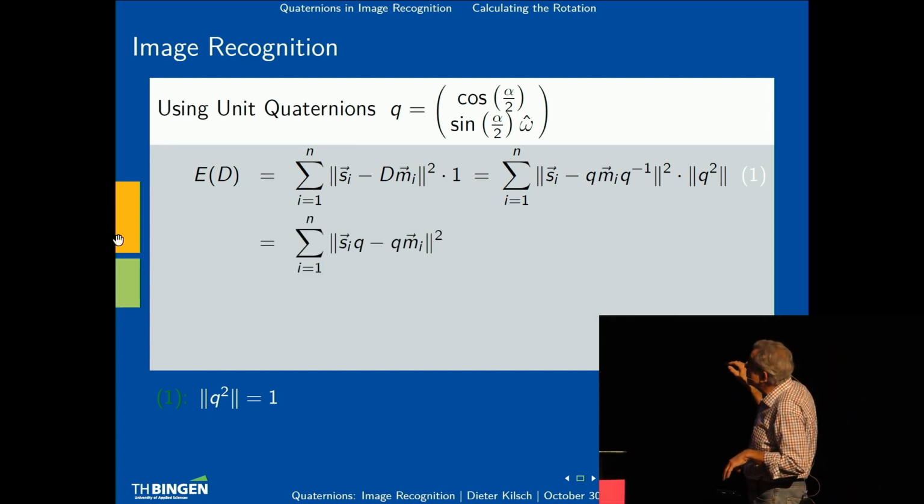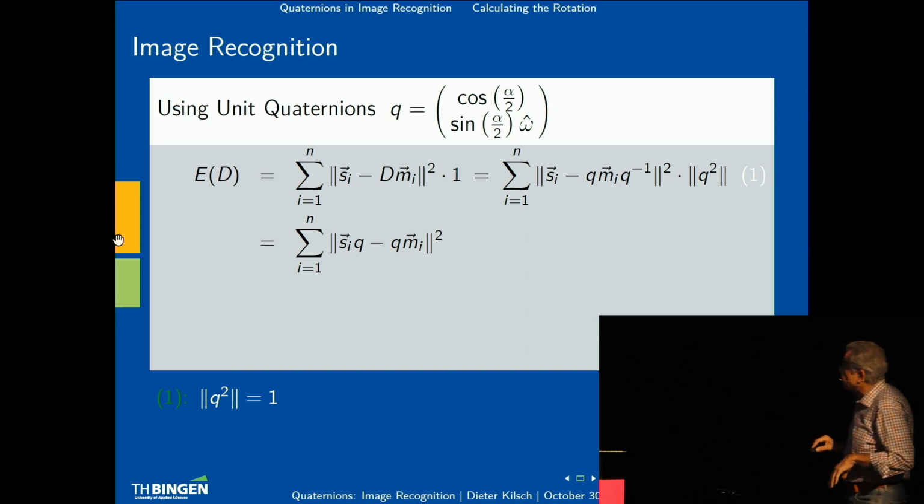And now you can move the Q inside the first norm, because of this Q to the minus 1. Yes, I multiply it once from the right, and I multiply it from the right. So it's S_i Q and Q M_i, and this Q goes away.